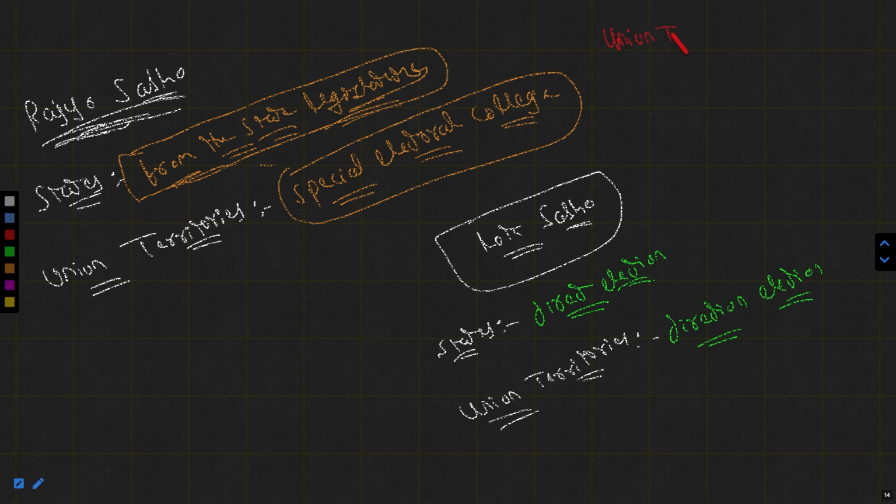Union Territories Direct Election to the House of the People Act, 1965. So that particular act was passed by the parliament to bring direct elections into force.